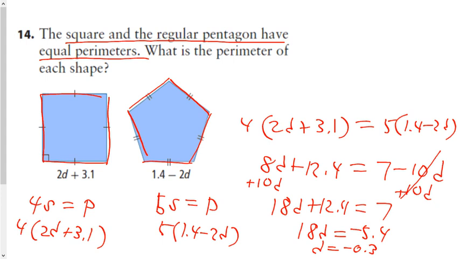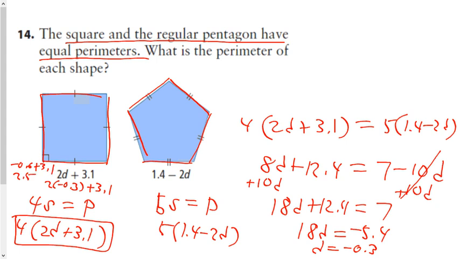Now, if this question's on your test, you're not done yet, because the algebraic perimeter is that. But the actual length, since d equals negative 0.3, I have to substitute it in. There we go.